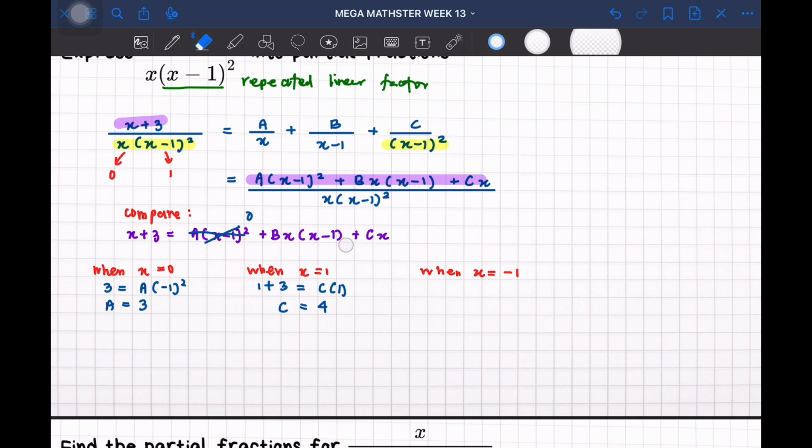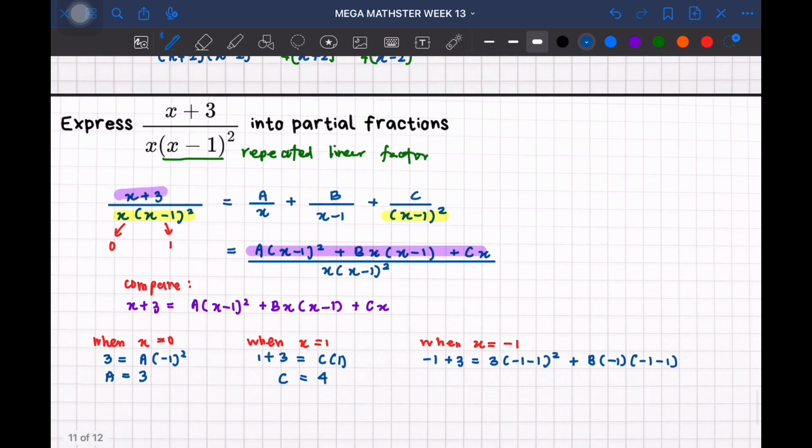Okay, settle. And then for the next value, so we choose to use x equal to -1. So just substitute x equal to -1 and the values of A and C that we have already found before. So we have -1 plus 3 is equal to A, A is 3, and then -1 minus 1 square, plus B times -1 times -1 minus 1.